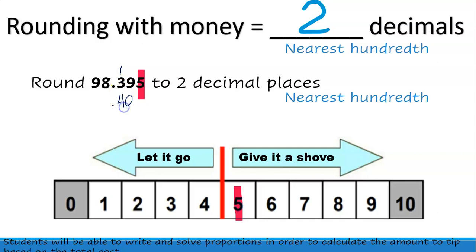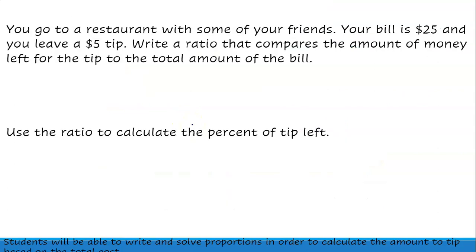Because we rounded to the nearest hundredth, we actually changed the number in the tenths place because that 9 was so high. So our actual answer is $98.40, or 98 and 40 hundredths. Since we're talking about money, we're going to keep the 2 decimal places, even though there's a 0 there as a placeholder. So let's do some stuff with money.